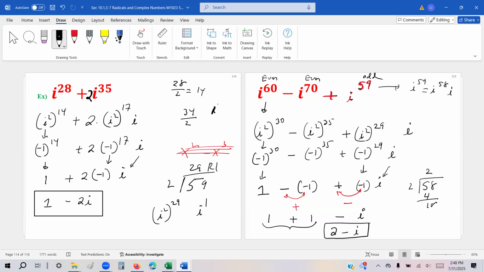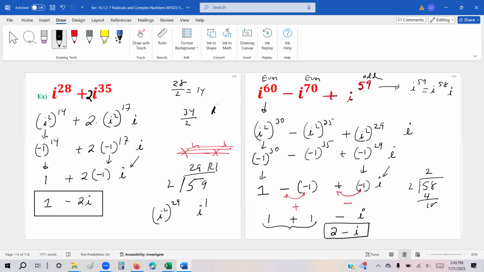Is it true? 60 is divisible by 4. Answer is 1. 70 is not divisible by 4, right? Negative 1. Cool. So if the power is divisible by 4, the answer is 1. If it's not divisible by 4, but an even number, it's negative 1.